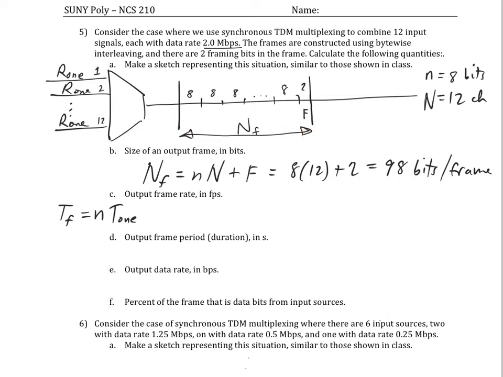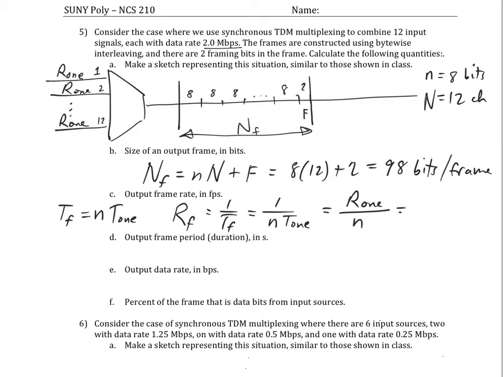And so the frame rate is 1 over that, which is 1 over n times T1. But the period of one of these signals is the inverse of its rate. So if I want to put this in terms of its rate, R1, just take it to the numerator, R1 over n.